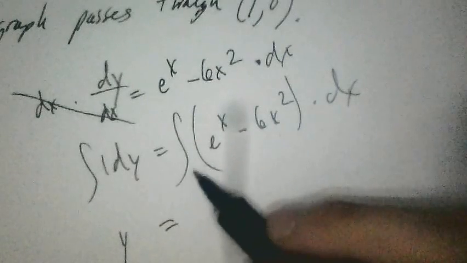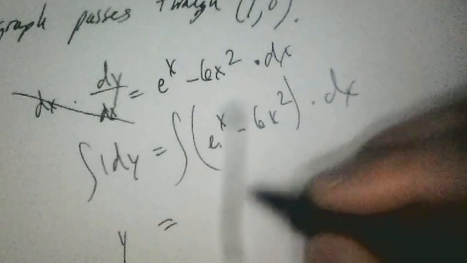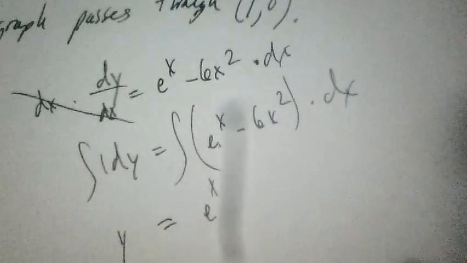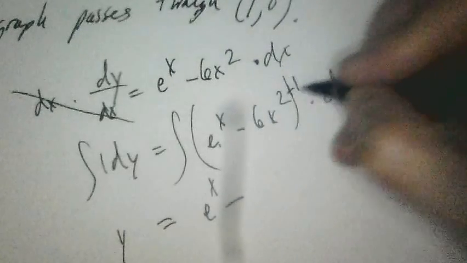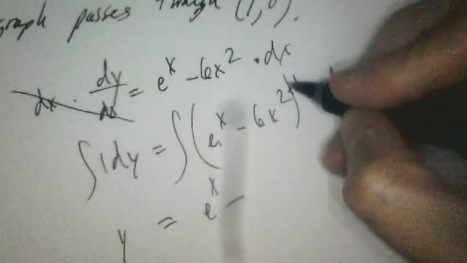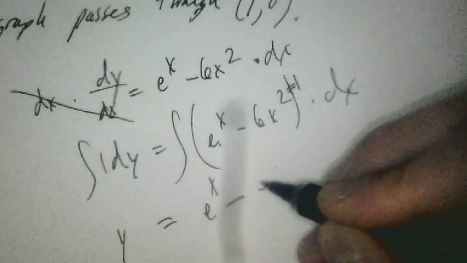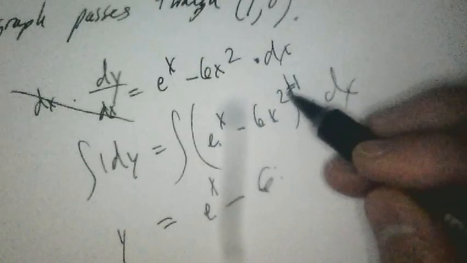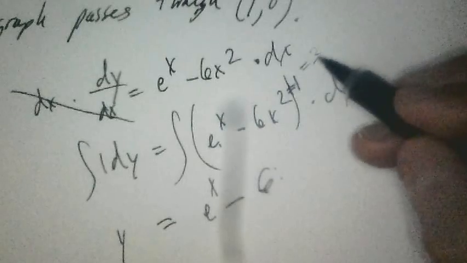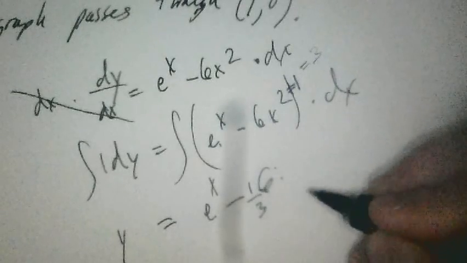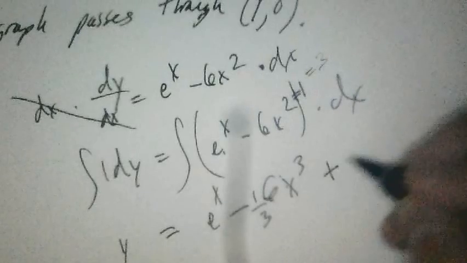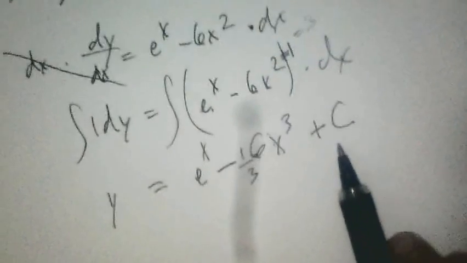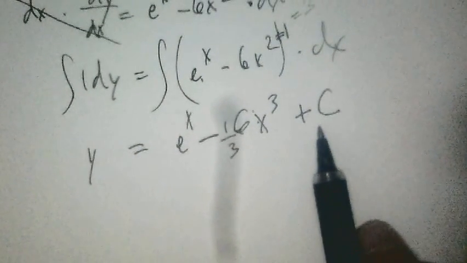If you remember, you add 1, and we multiply by the reciprocal of that, so it's going to be minus 6 times the reciprocal of 3, so it's times 1/3 x to the third, and then we're going to put plus c. Remember, we need this plus c when you're taking the indefinite integral. Then this is going to give us our general solution. So we get y equals e to the x minus 2x cubed plus c.